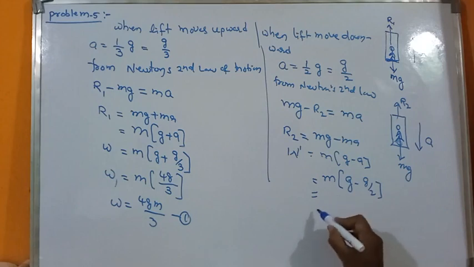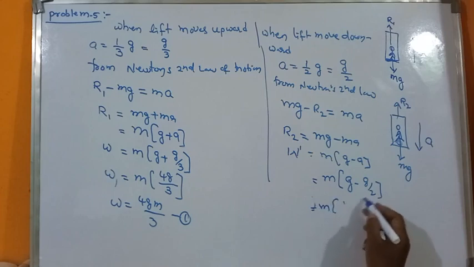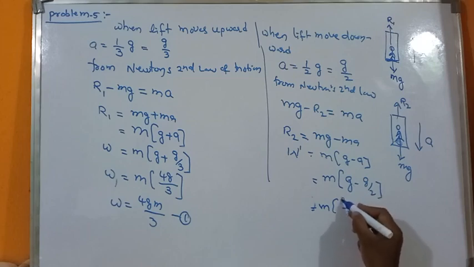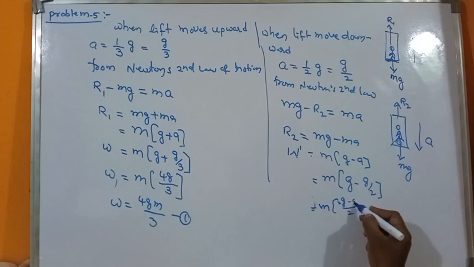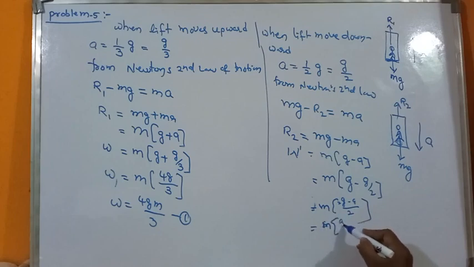So this is m of, taking LCM as 2, 2g minus g, that is equal to m of g by 2.